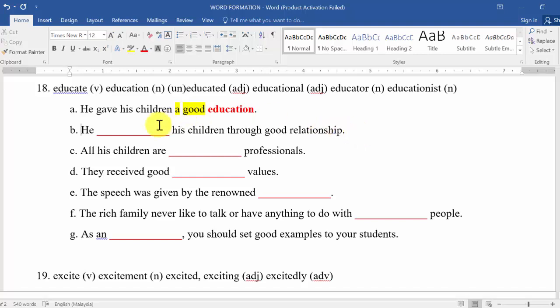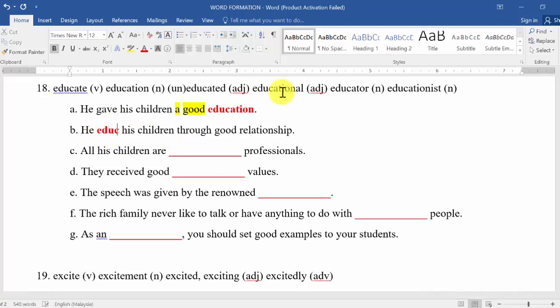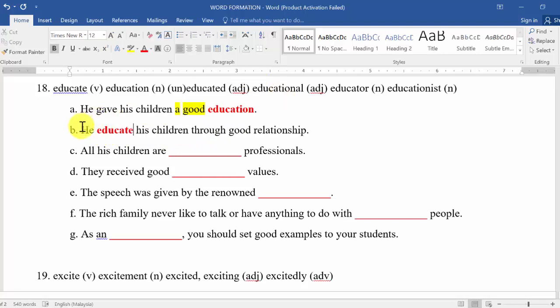So here, we do not have a verb, which means your answer should be a verb. So, he educate. Also, you have a noun in front and after your blank, so in between them it should be a verb.